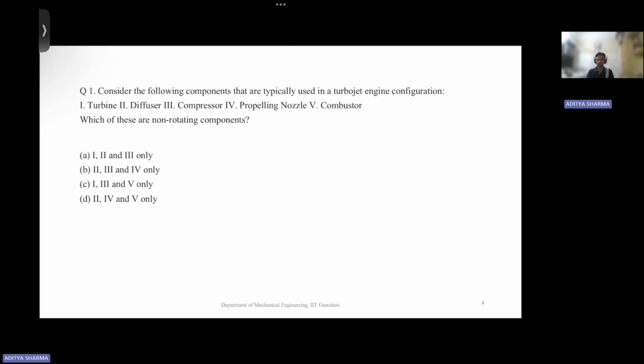So I have a question in front of you here. Please read this question first. Let's see the options and try to see which option you believe is correct and why.